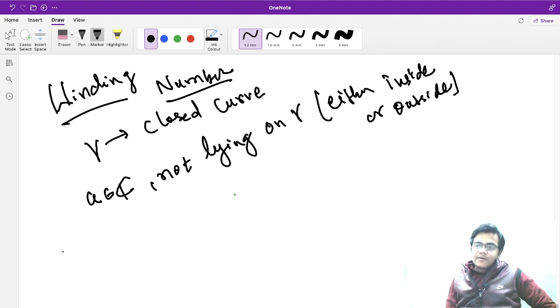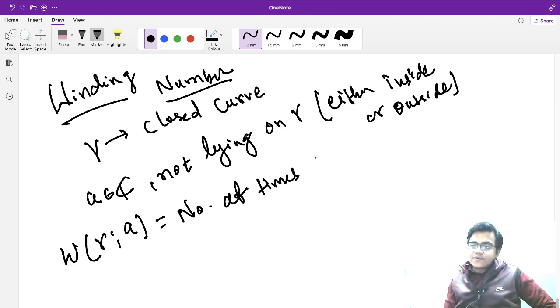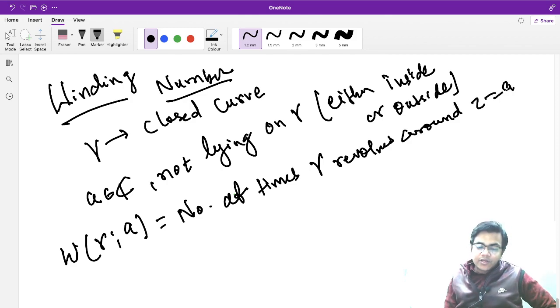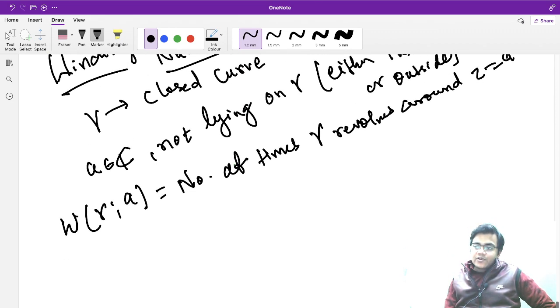Then the winding number of gamma with respect to A is defined as the number of times gamma revolves around z equals A.